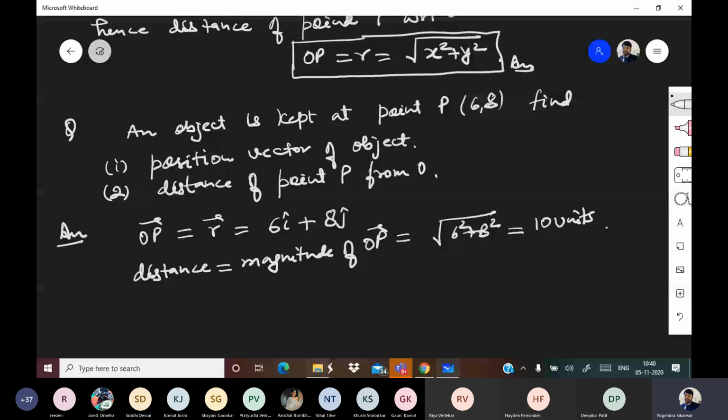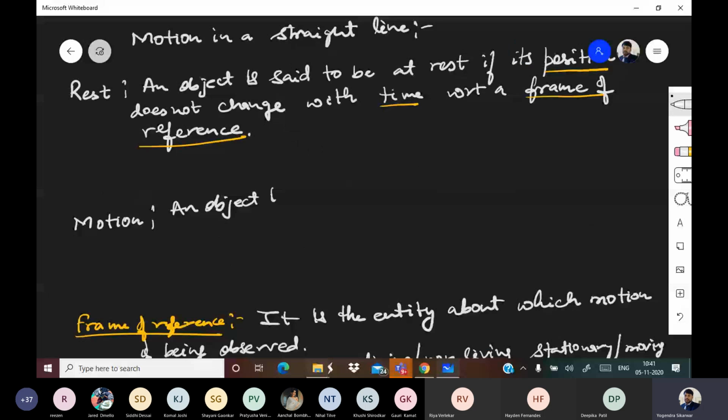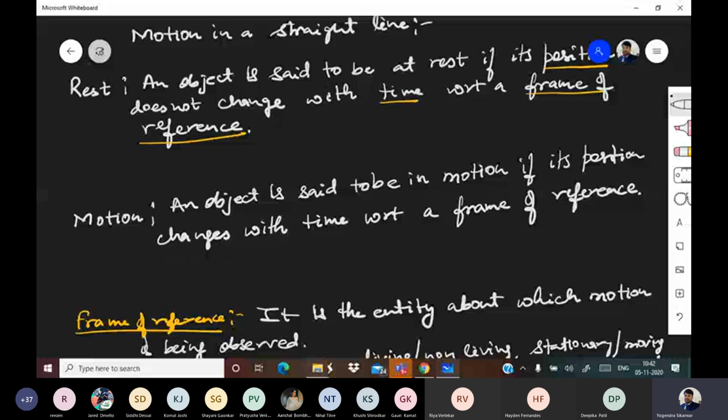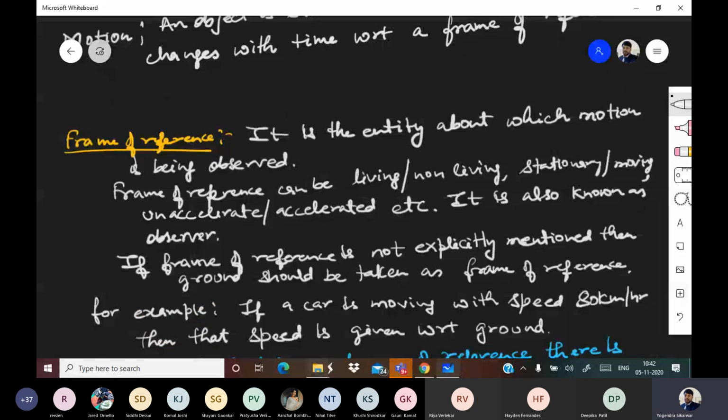An object is said to be in motion if its position changes with time with respect to a frame of reference.